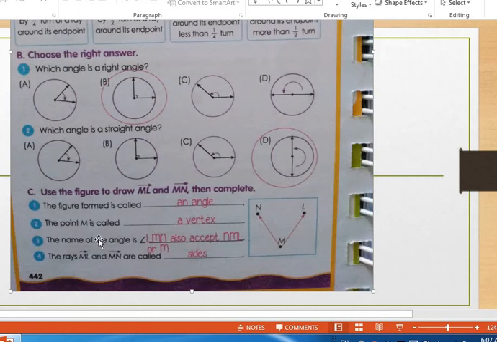Don't forget, the name of the angle is LMN, also NML, also M. The rays ML and MN are called sides. Don't forget these are called sides.